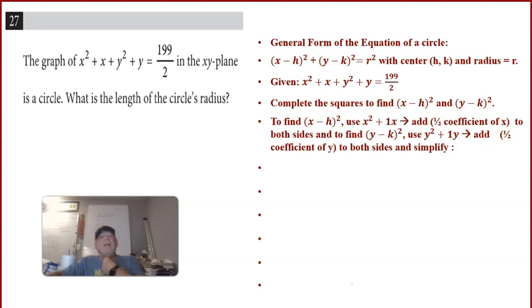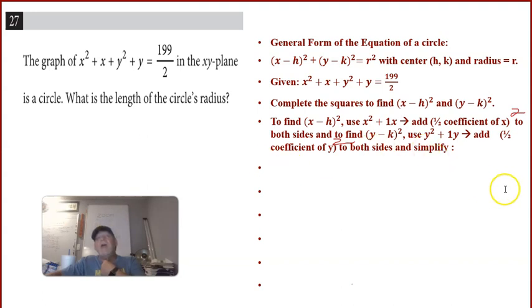So we take 1/2 of it and then square it and add it to both sides. So since I did not write the square there, I'm just going to put a 2, which means we're going to square it. And then we're going to do the same thing to the y squared plus 1y, 1/2 of the coefficient. Half of 1 is 1/2. And square that to get a 4th.